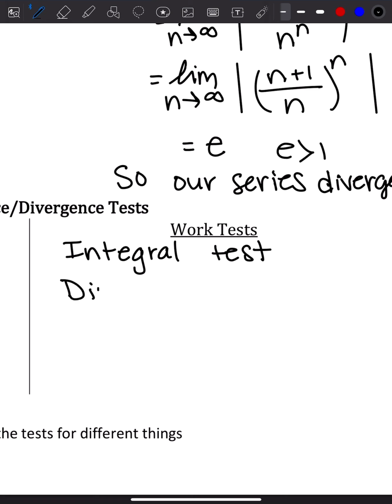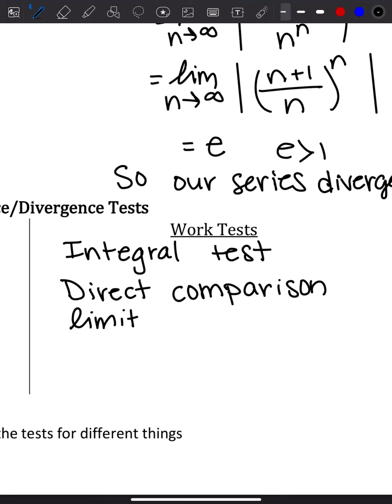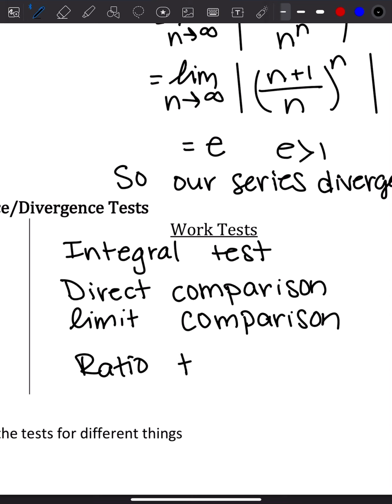You have the comparison tests, so direct comparison and limit comparison are both work tests because you have to pick a function, then compare it to another function, and depending on what happens once you're done with that comparison, which is generally with algebra, you'll get a decision. And then of course the ratio test. We generally hope to use one of the eyeball test series to help us with a work test.